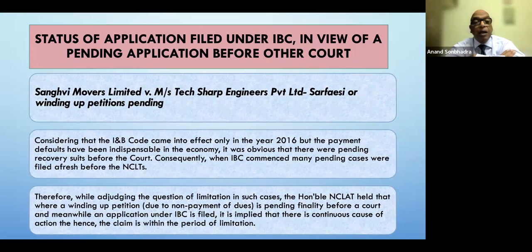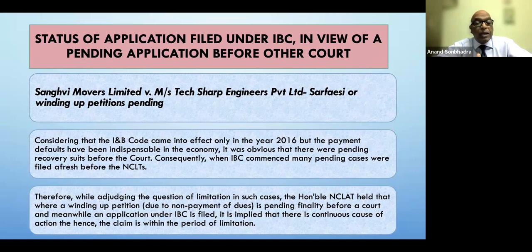Considering that the Insolvency and Bankruptcy Code came into effect only in 2016, but payment default had been indispensable in the economy, it was obvious that there were pending recovery suits before the court. Consequently, when IBC commenced, many pending cases were filed afresh before the NCLT.